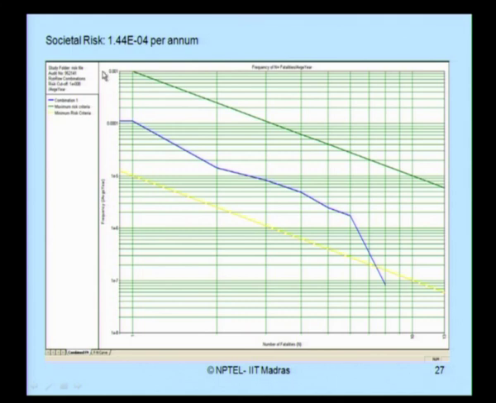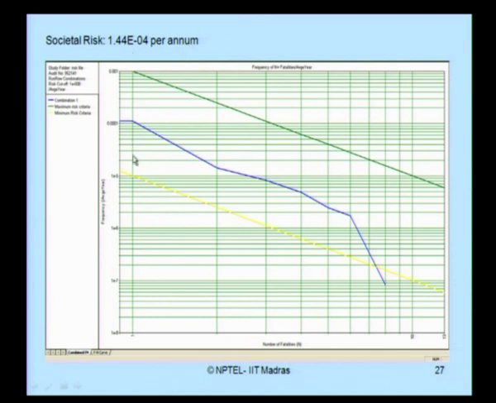If I look at the societal risk, I express this as an F-N curve. F is the number of fatalities plotted on the x axis, and N is the frequency plotted on the y axis in average per year, and that is why we call this the F-N curve. Looking at the scenario, the societal risk I get is 1.44 10 power minus 4 per annum.